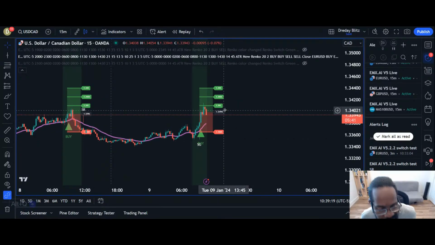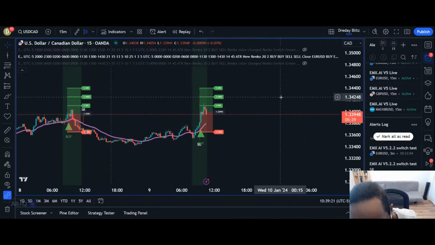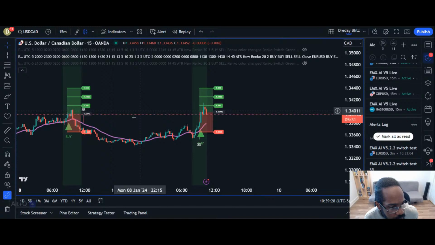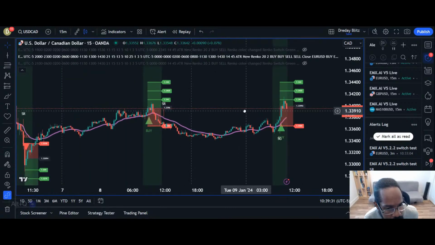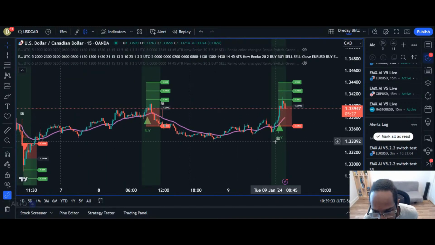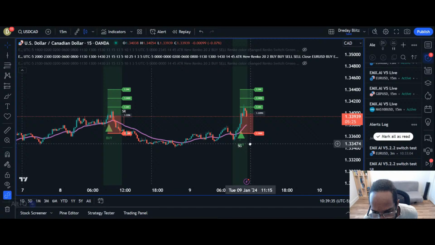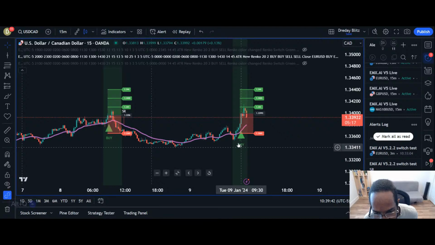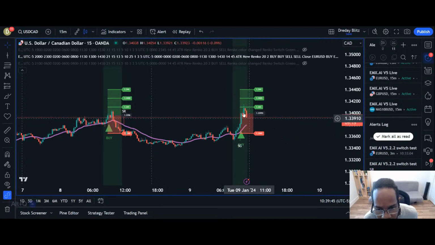This is the same indicator, same notification that you see on your version 5 in regards to the wrinkles. So everything will be aligned with the wrinkles. It's going to give you an SG, and right after, it should give you a signal here. If it's giving you a signal a few seconds or a few minutes after the SG, that means that this is a confirmed trend.